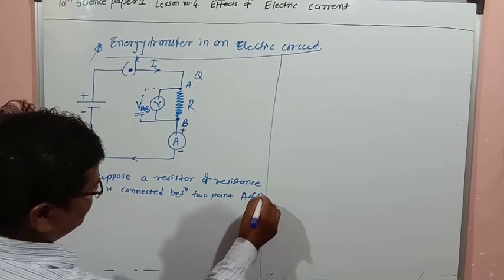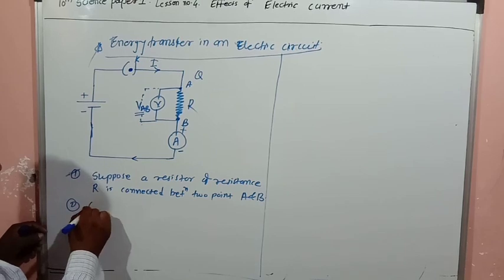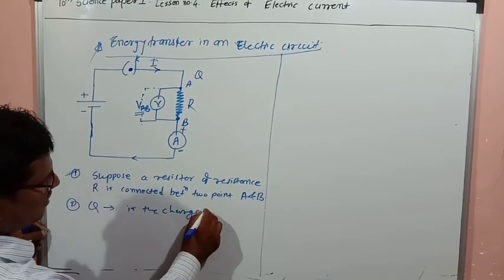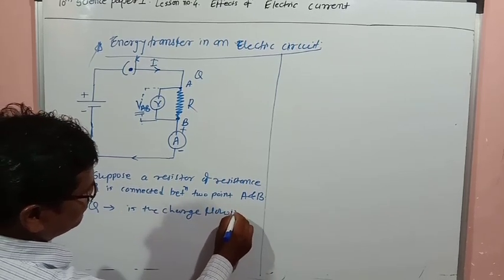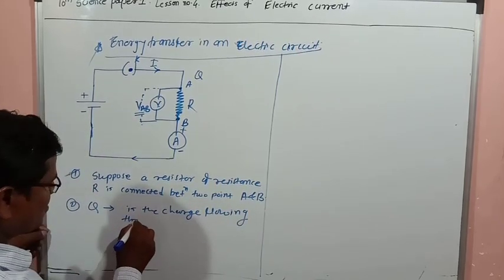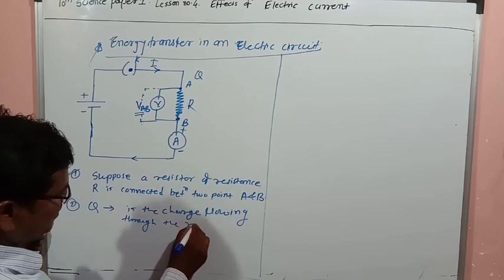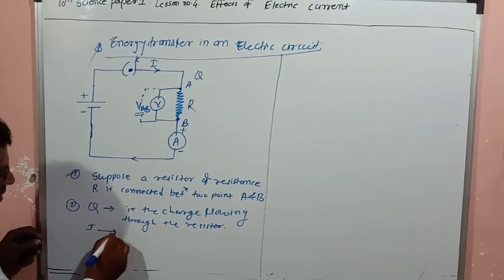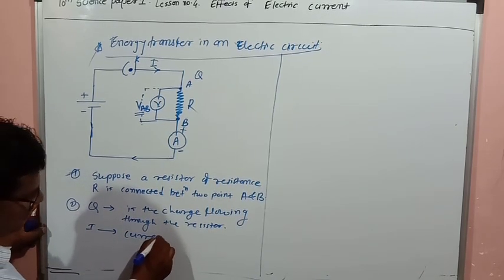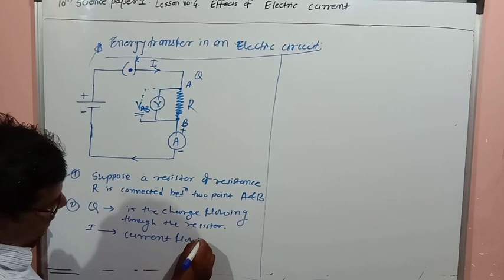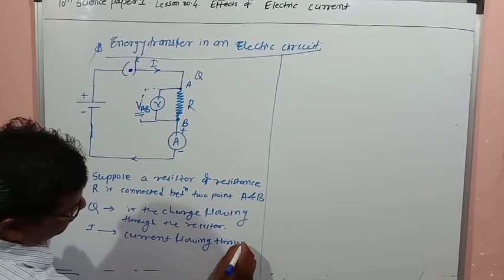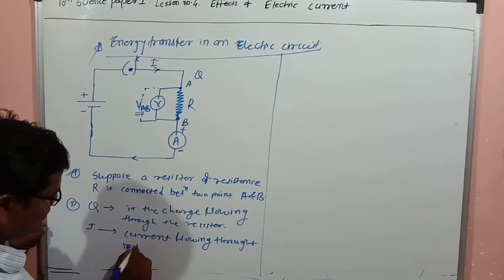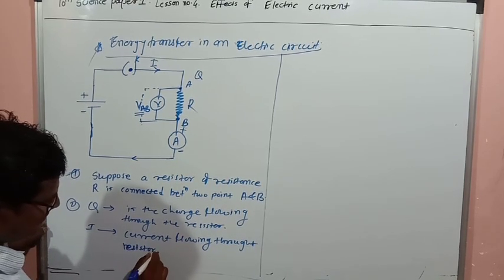A and B. Second thing is, suppose Q is the charge flowing through the resistor or through the circuit. I is the current flowing through the resistor or circuit.